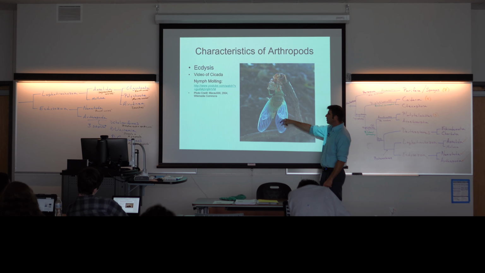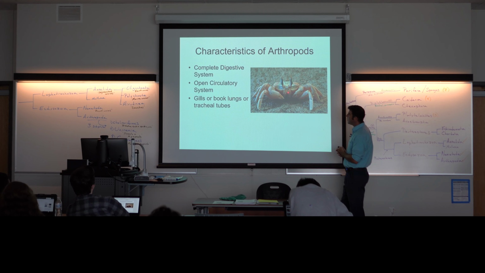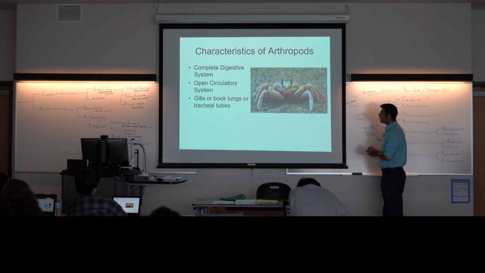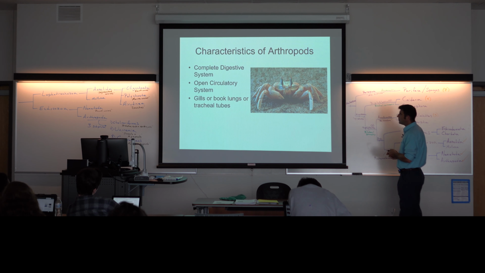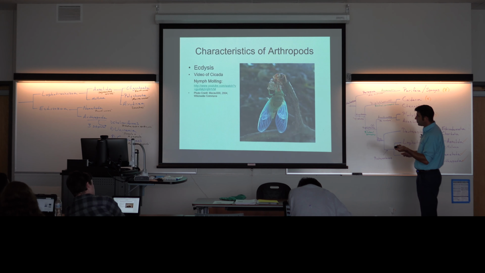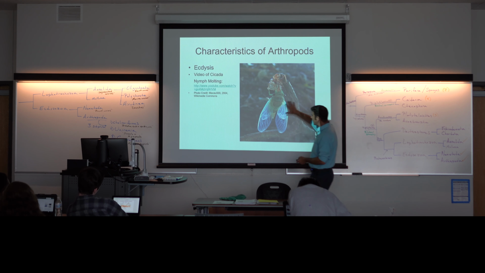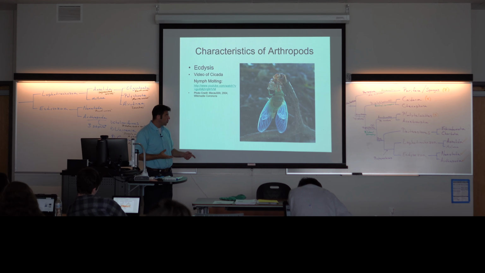In the case of the cicada bug, it's a few hours. But in the case of something like this crab that has a tough exoskeleton, when these things molt, it takes a few days for that new exterior to harden. And that's what makes these things vulnerable to predation. If I go back to this slide, this cicada bug that has just come out of its exoskeleton, the whole thing is soft and is vulnerable to predation.